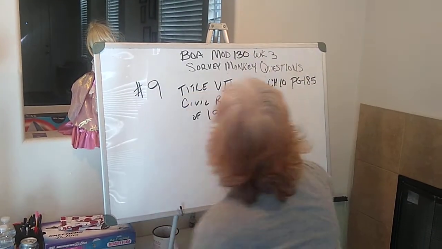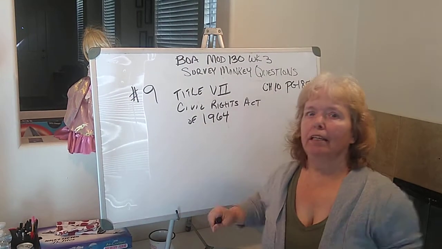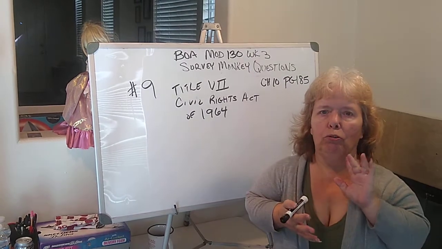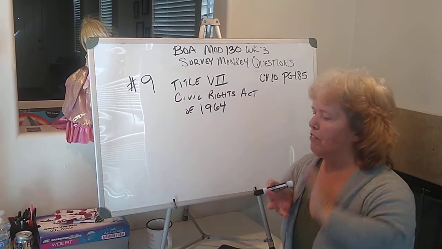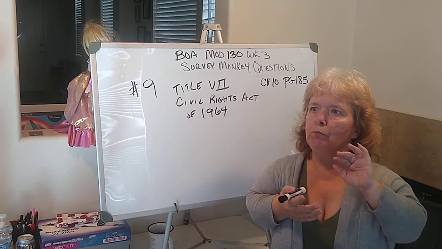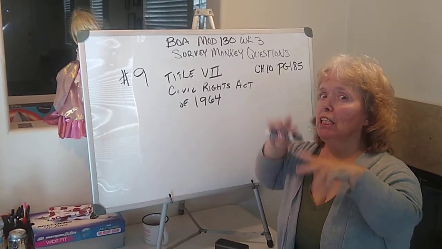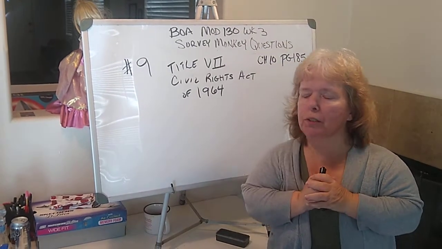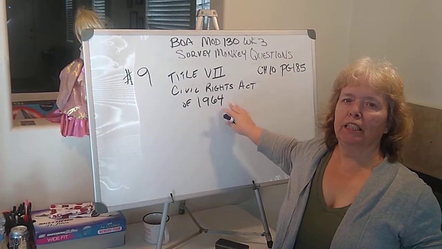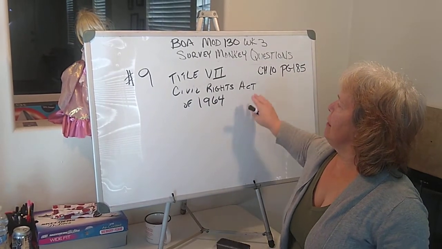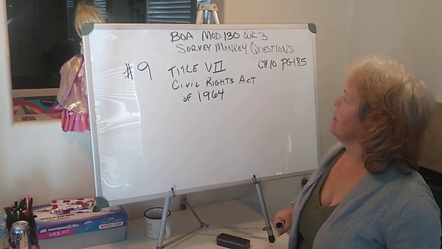So what it did is it legally outlawed discrimination based on race, ethnicity, religion, sex, and a few other protected groups. Not that it's perfect and not that it actually works all the time, but at least on the books, that's what it's there for.